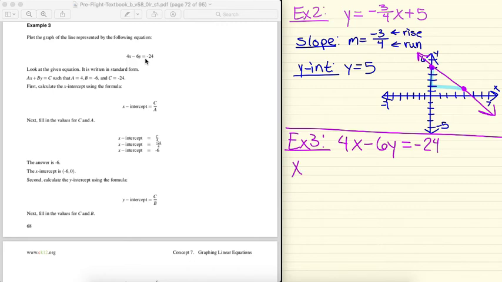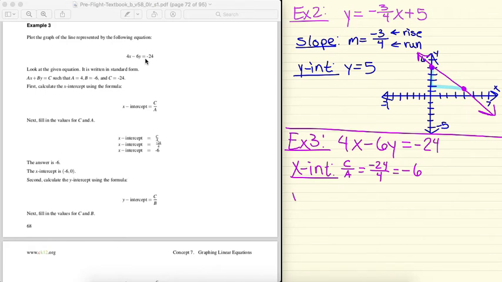The shortcut to identify our x-intercept is to take c divided by a. C is negative 24 and a is 4. So we get negative 6, meaning we cross the x-axis at negative 6.